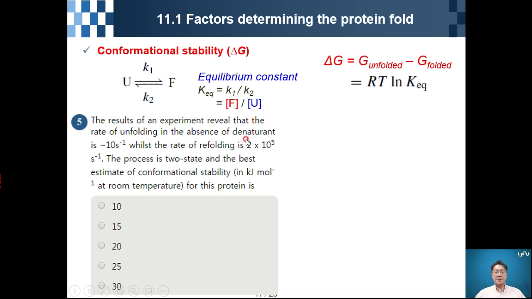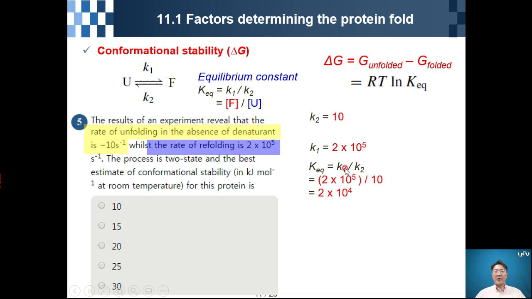The rate of unfolding is K2, so K2 is 10, while the rate of refolding is K1, which is 2 multiplied by 10 to the 5th. KEQ is K1 divided by K2, so K1, 2 multiplied by 10 to the 5th, should be divided by 10. That gives the KEQ value.